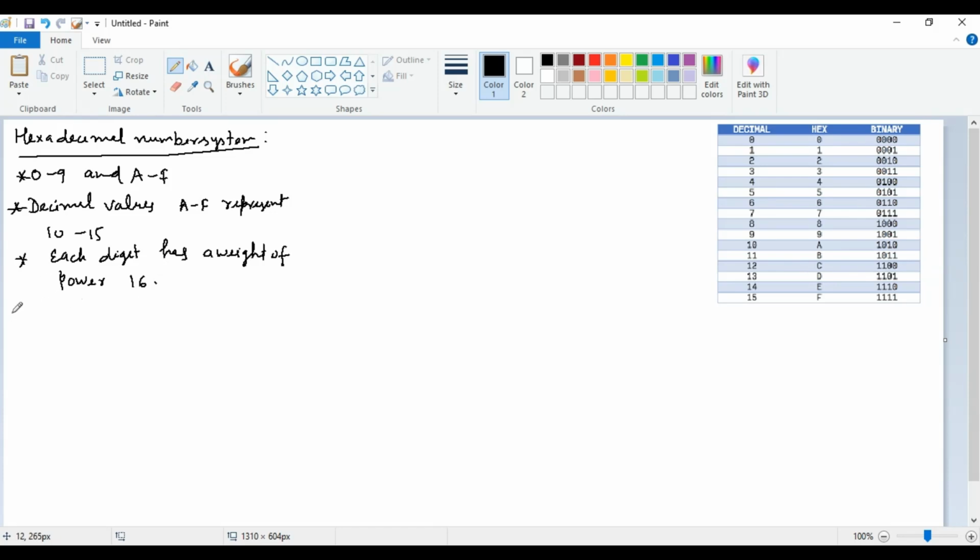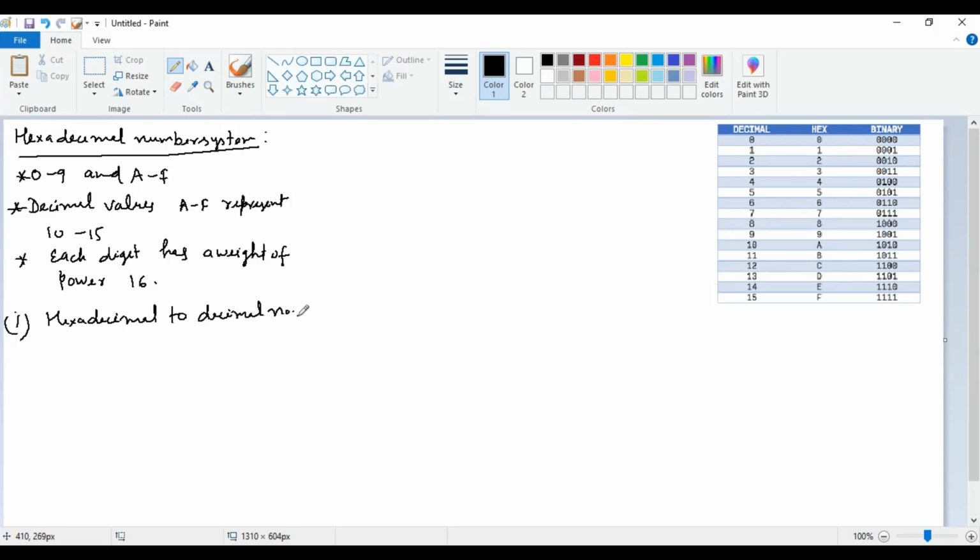Now we will talk about how to convert a hexadecimal number to other number systems, meaning hexadecimal to decimal, hexadecimal to binary, and hexadecimal to octal. First is hexadecimal to decimal.